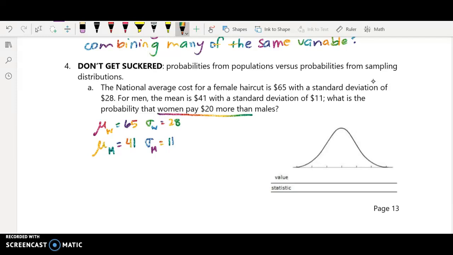So when I'm asking this question, I am considering the difference. So really what I want is a distribution of the differences, where this is, let's call it D, women minus men.